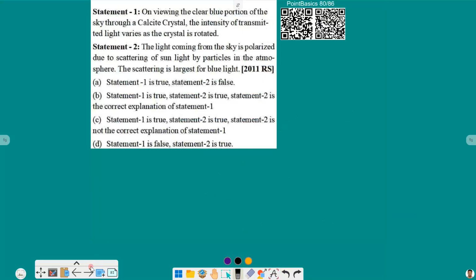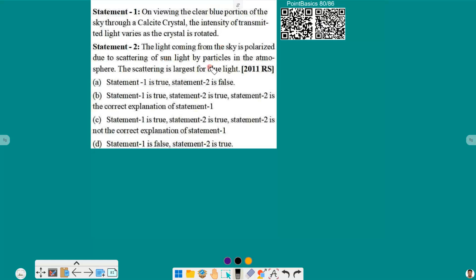Now in the next one, on viewing a clear blue portion of the sky through a calcite crystal, the intensity of transmitted light varies as the crystal is rotated. Statement 2: light coming from the sky is polarized due to scattering of sunlight by the particles in the atmosphere. The scattering is largest for the blue light.